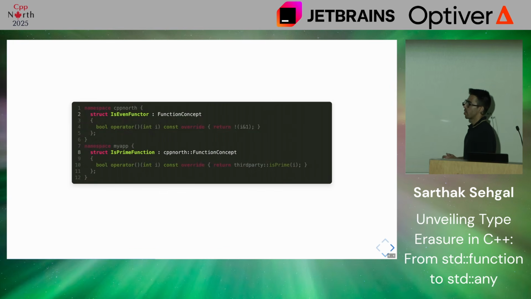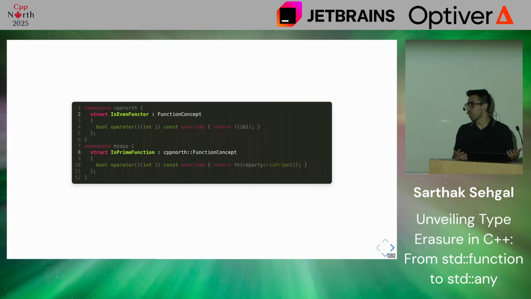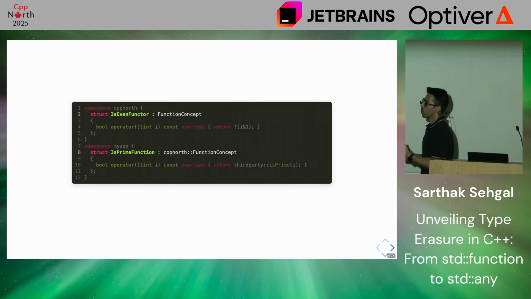The thing to notice is that there are some common things between the is-even functor that we previously saw and this is-prime function. Although the is-even functor, for example, was provided by the library that implemented filter range, and the is-prime function is a function that I created in my own app, there are some common things between these two.